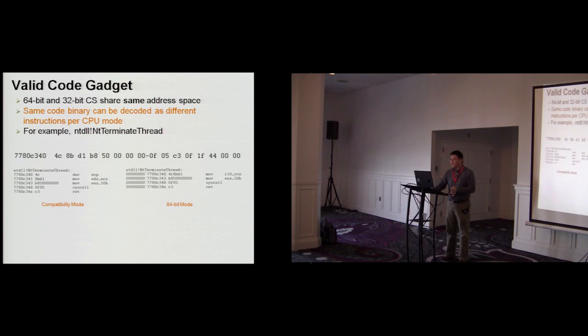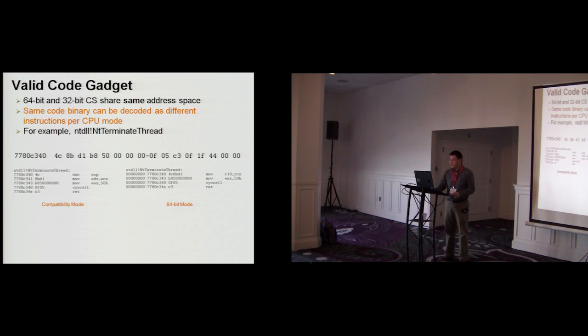So basically that's the key point I want to make. Even if you have all kinds of defense, this is a big problem, because you cannot say you compiled the code with all kinds of policy in a 64-bit binary, when the same code section could run as 32-bit with a totally different meaning.